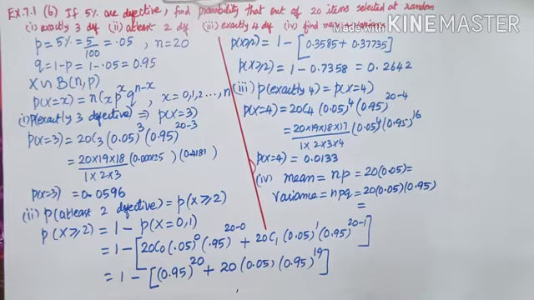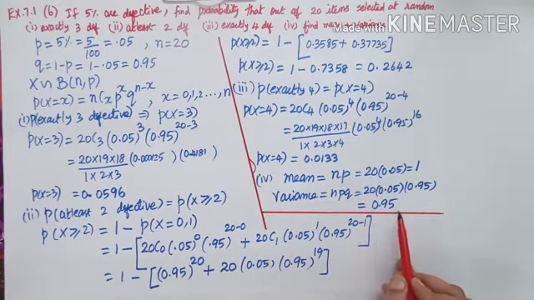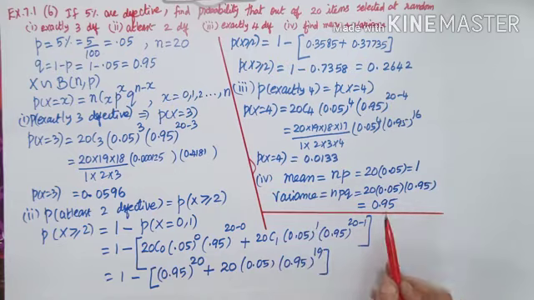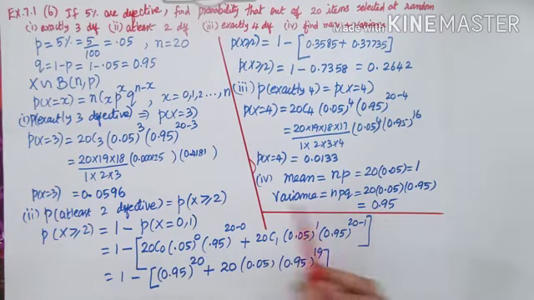So we'll find out the answer. As we multiply, we get mean equals 1, variance equals 0.95. Notice in binomial distribution, mean is greater than variance. Mean is bigger, variance is smaller in a binomial distribution.